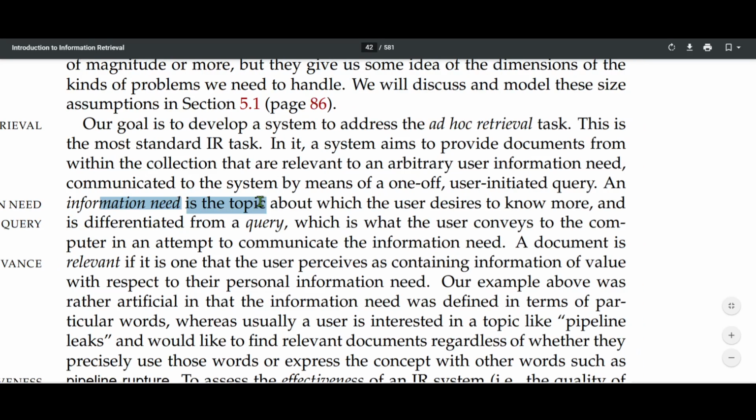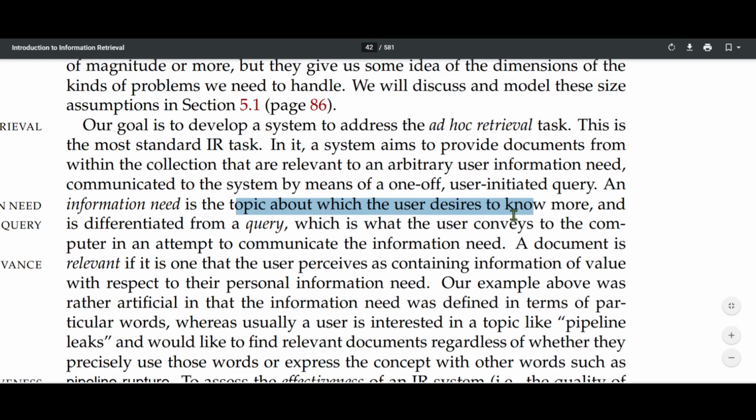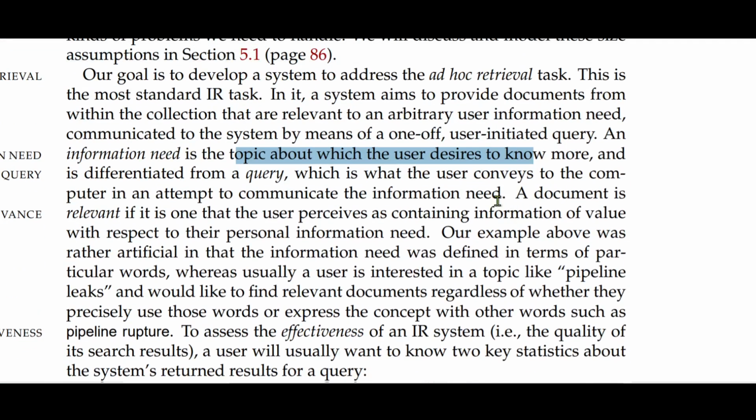An information need is just a topic about which the user desires to know more. A query is what the user actually conveys to the computer. That is, it is a command or a statement that a user communicates to the computer in order to communicate the information need.